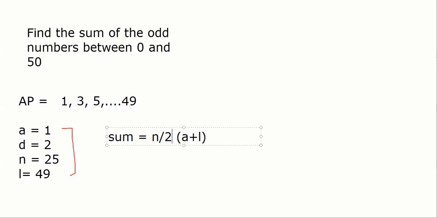Why is N 25? देखो 1 से 50 50 नंबर होते हैं. We are taking only odd numbers, आधे ही ले रहे हैं तो 25. 49 तक 25 odd number आएंगे, 24 even number आएंगे.